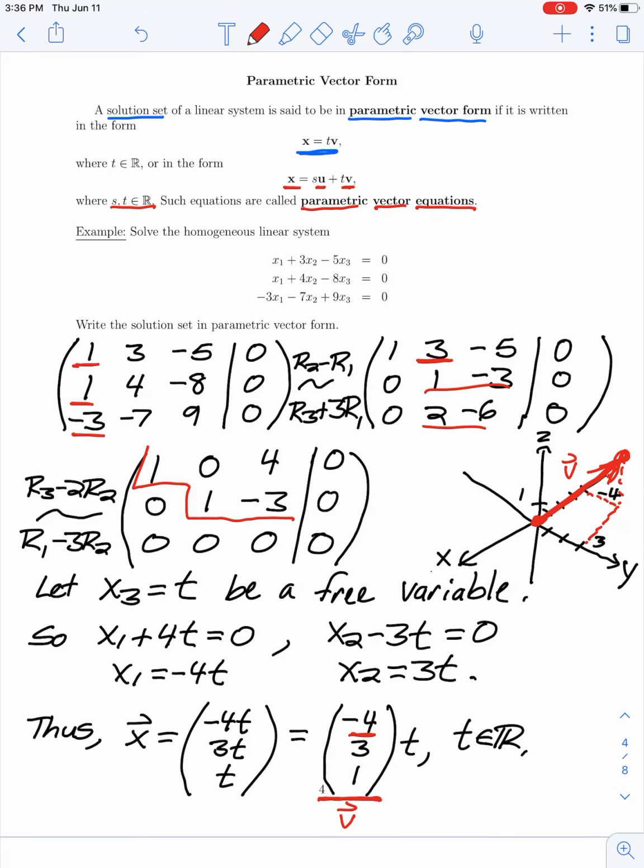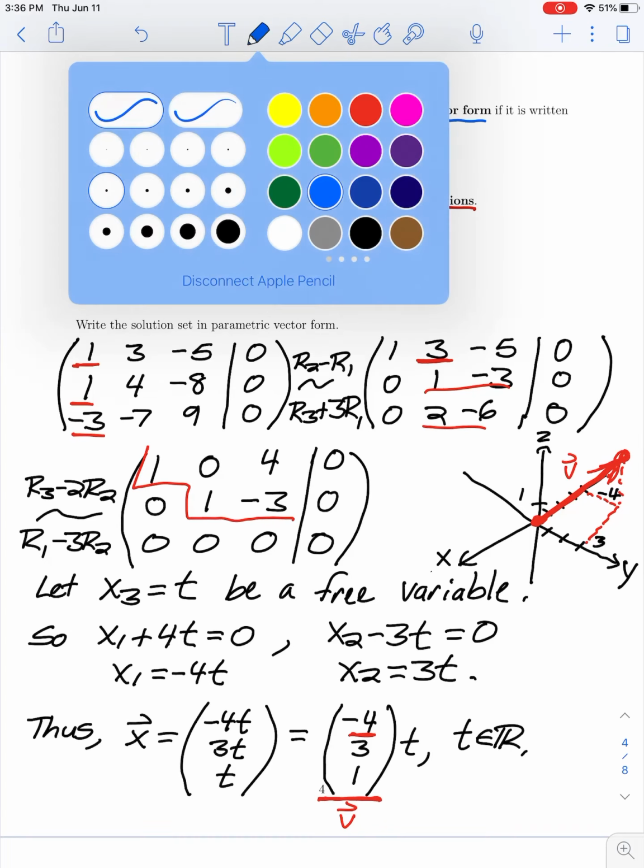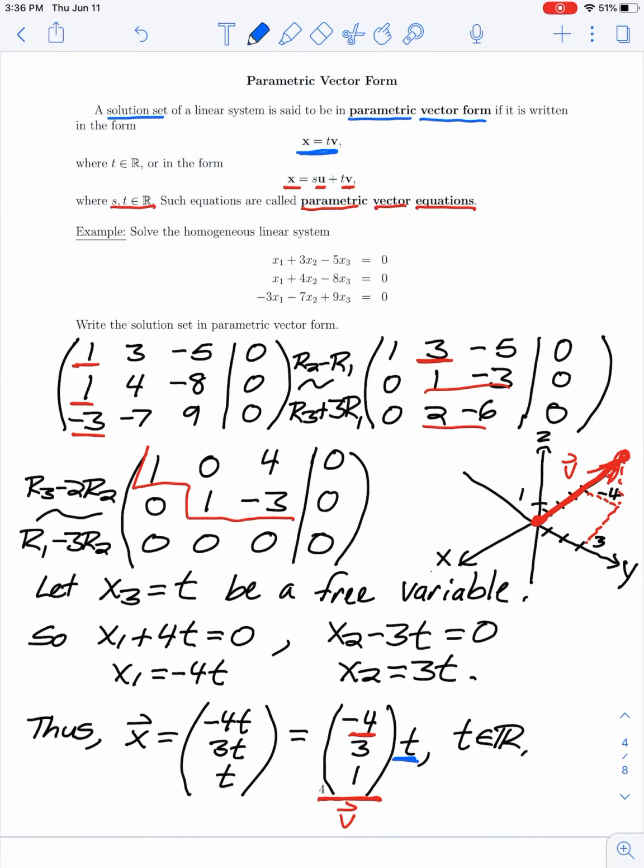And what we're doing is we're taking that vector v and we're looking at all scalar multiples of it. We're multiplying by all real values of t. So by scaling the length of that vector, well, we're looking at all vectors in the same direction of shorter length or larger length. Or if we take negative values for t, we reverse the direction of our vector v.